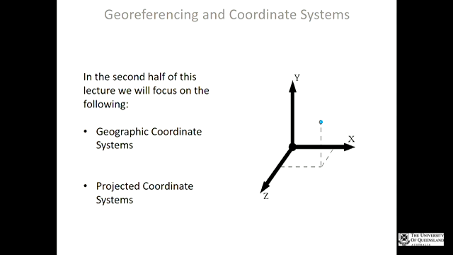In this last 20 minutes or half an hour, we'll talk about two different types of coordinate systems. Coordinate systems are things that tell us where something is on the Earth's surface. One is called a geographic coordinate system, and one is called a projected coordinate system.